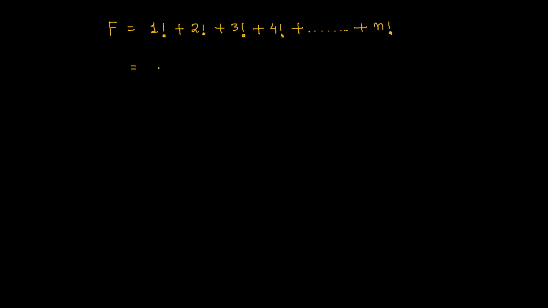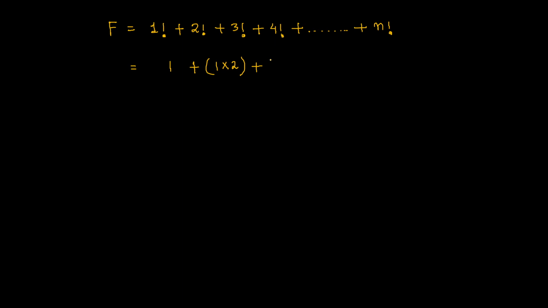So 1 factorial means basically only 1. 2 factorial will be 1 into 2.